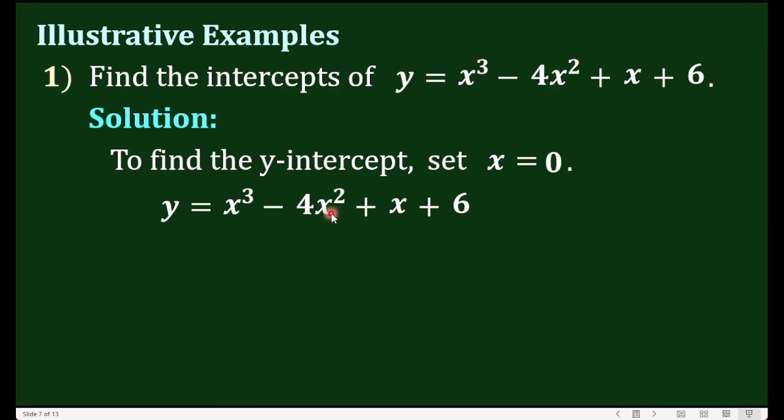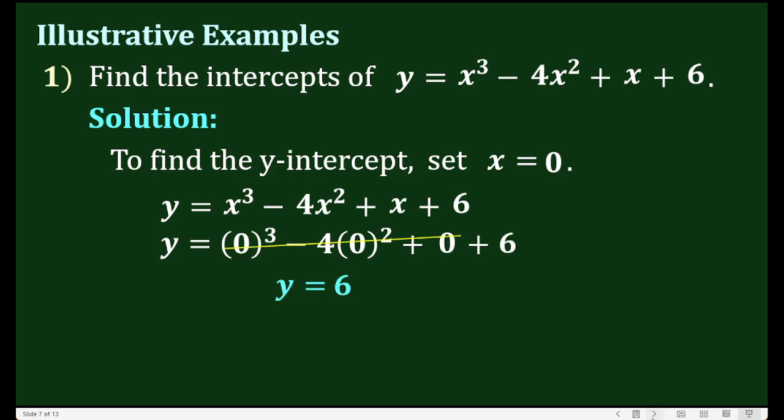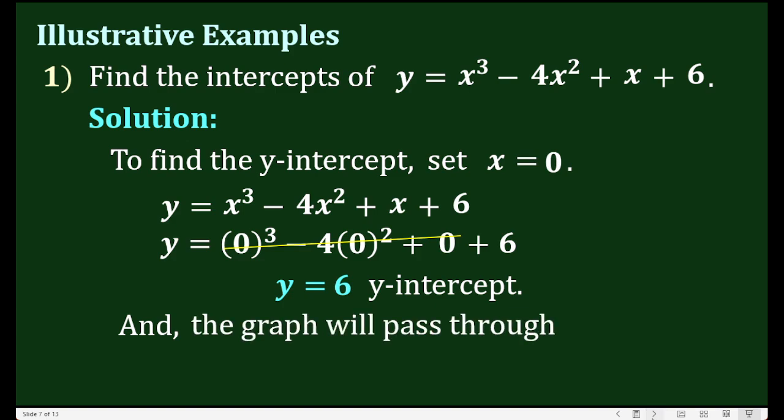All those x's are replaced by 0, and then we simplify the resulting polynomial part. Your y is equal to 6, which is your y-intercept. Therefore, the graph along the y-axis will pass through the point with coordinates 0 and 6.